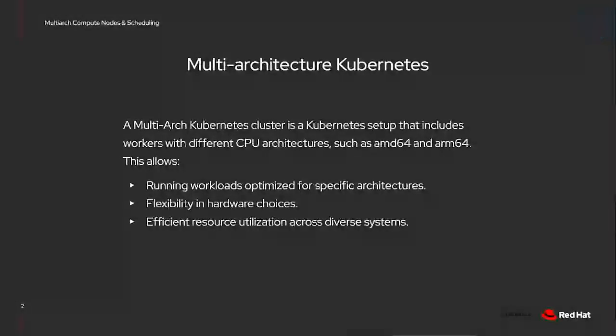if you are familiar with Kubernetes, it's easy to imagine what Multiarch Kubernetes or Multiarch on OpenShift is. It's a cluster that is capable of running multiple workers that can have different architectures. The reasons behind running such types of clusters are running workloads that are optimized for a specific architecture, or having the possibility of migrating from one architecture to another and then scaling down workers of a given architecture.